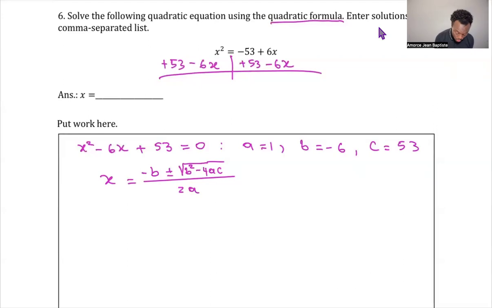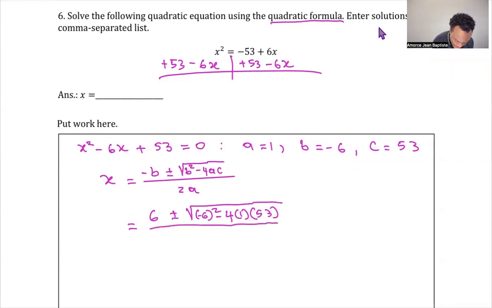Let's plug in. So x equals, b is -6, negative b will be +6. You switch the signs. So 6 plus or minus the square root of -6 squared, b squared, minus 4, a is 1, c is 53. Now we're going to perform this operation inside of the radical so we can simplify.